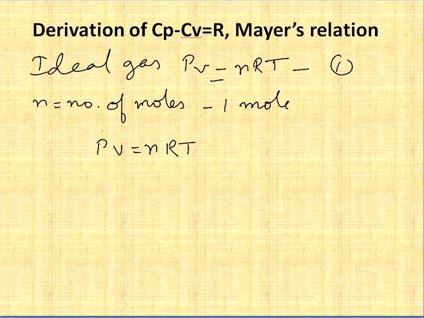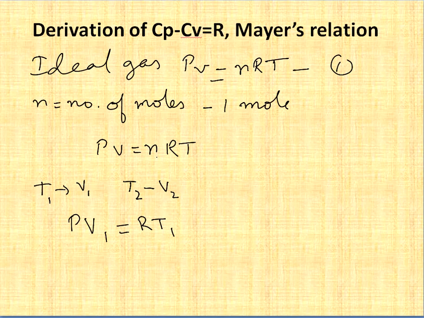Now we have to take a system having temperature T1 at volume V1, and another system which has temperature T2 at volume V2. So the equations will be PV1 is equal to RT1.